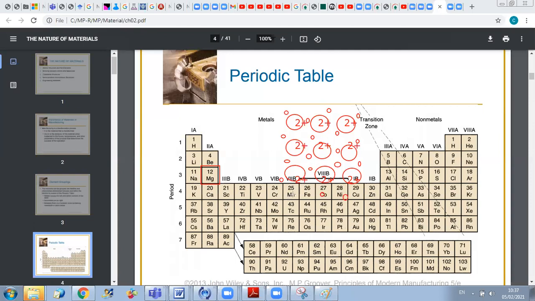So you can put electrons just in a random way around these atoms. This is the metallic bond. Okay, this is a metallic bond between ions.